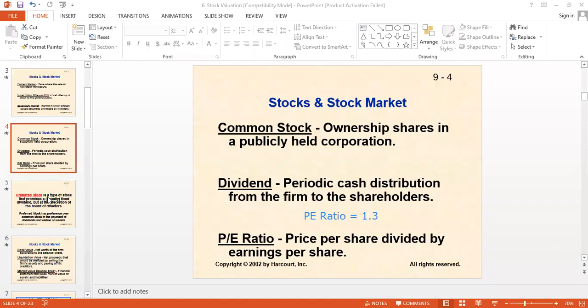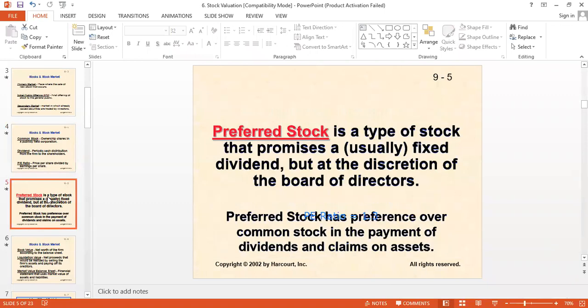Moving forward to the next slide, we have preferred stock. We have already discussed that, so I will not repeat it. A preferred stock is a type of stock that promises a fixed dividend, but at the discretion of the board of directors. So you get the fixed dividend; it is predetermined, but whether you will get it this year or not is decided by the board of directors.